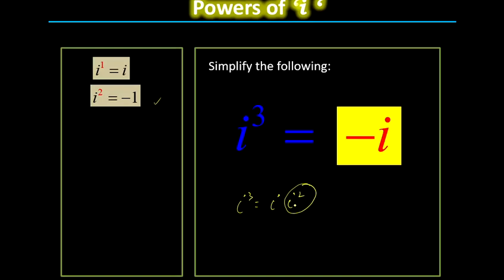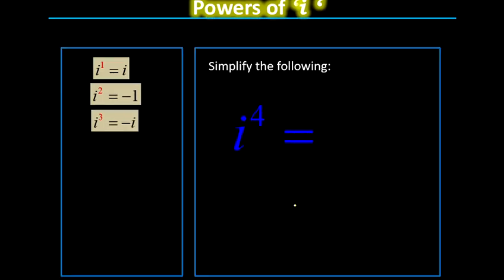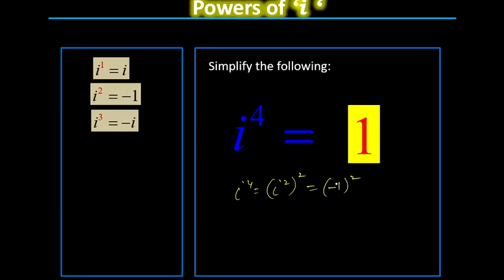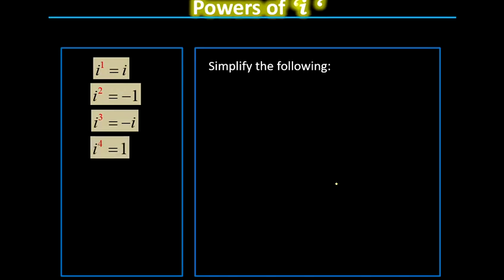Similarly, if I am going for i power 4, I can rewrite this as iota square as whole square. Iota square is -1, with square. What do you get? You get 1. Moving forward, if you are moving to iota power 5, I can rewrite it as a factor of i power 4 and i power 1.